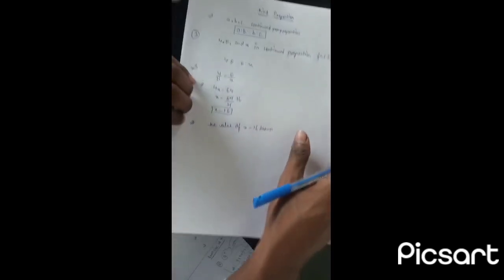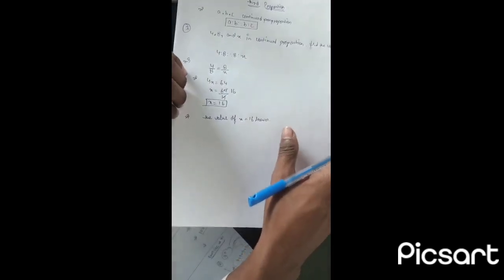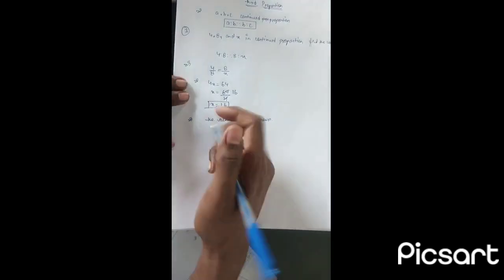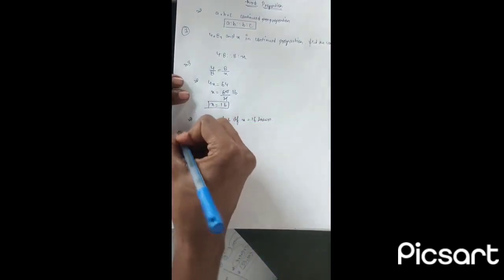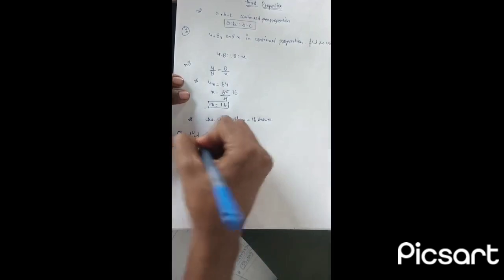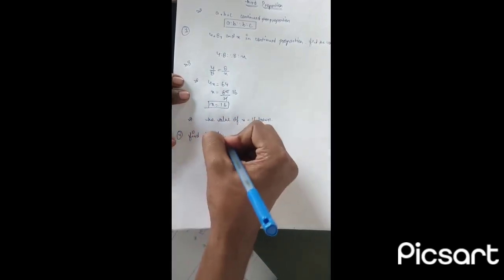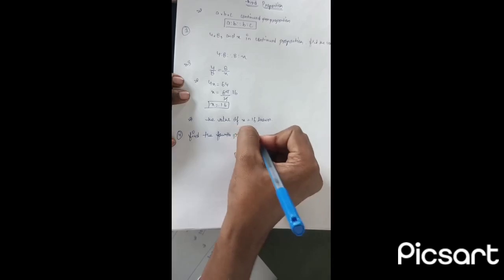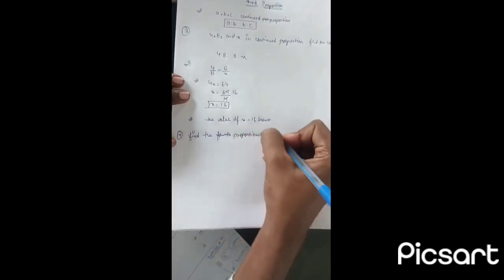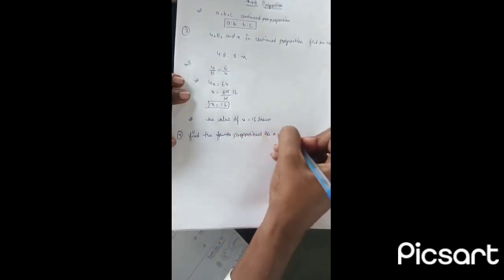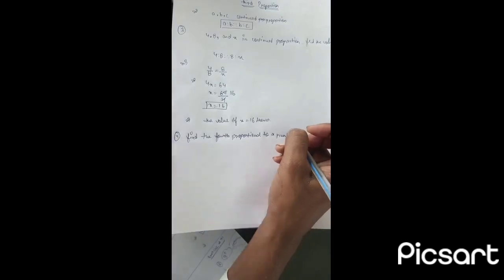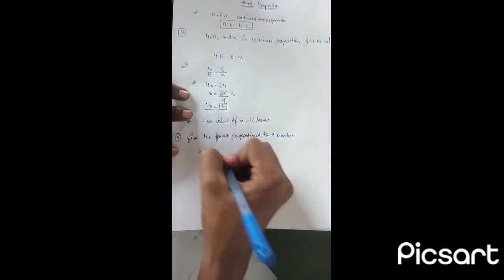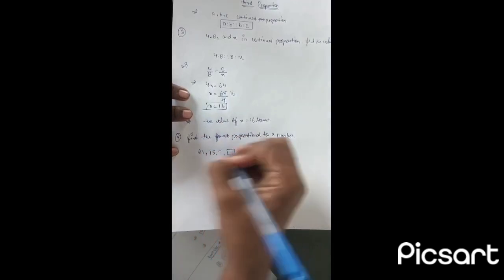Now we come to the next question: find the fourth proportional to the numbers 21, 15, 7, where a box is there in which you have to fill the value.